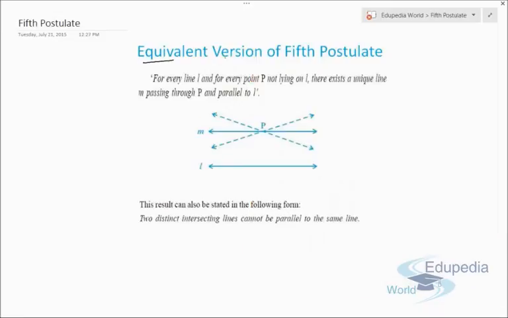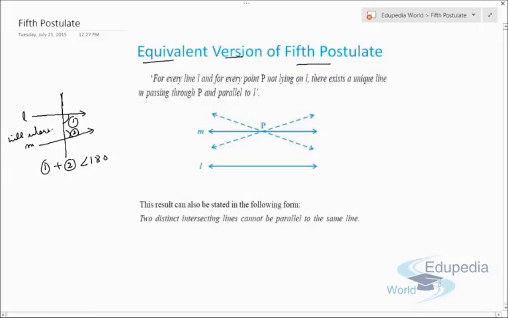Now, the equivalent version of the fifth postulate of Euclid's geometry. In the previous video, we saw that the fifth postulate says that if there are two lines, and there is another line lying on these two lines, and they make interior angles, angle 1 and angle 2, on the same side, either on the right or on the left, and if angle 1 plus angle 2 is less than 180, then these lines L and M will intersect.